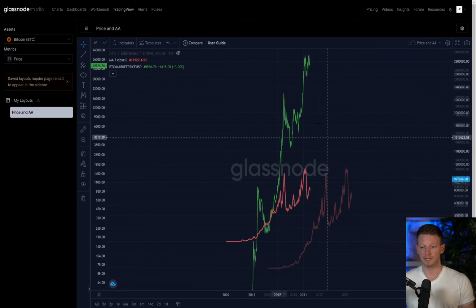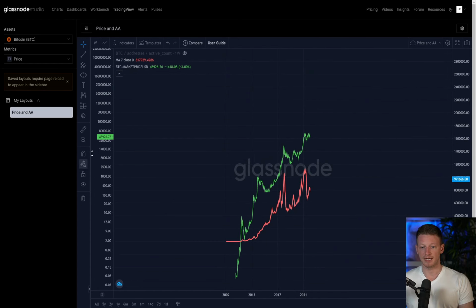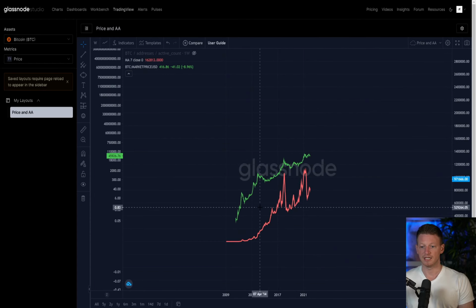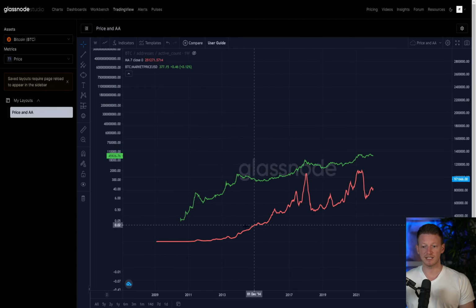We can see that if we go back in time here, actually, if we just move out to a weekly time frame. Here we're looking at the weekly time frame, and we're just going to bring the price down. And you can see that as the number of active addresses trends over time, the number of addresses has been moving up, and corresponding to that, we've been seeing the price move up. Imagine a social network like Twitter or Facebook.